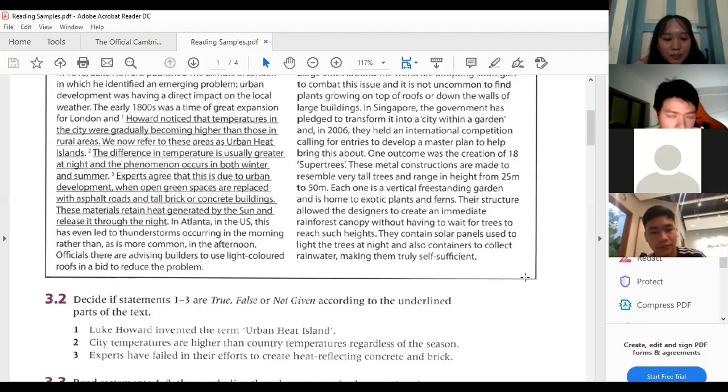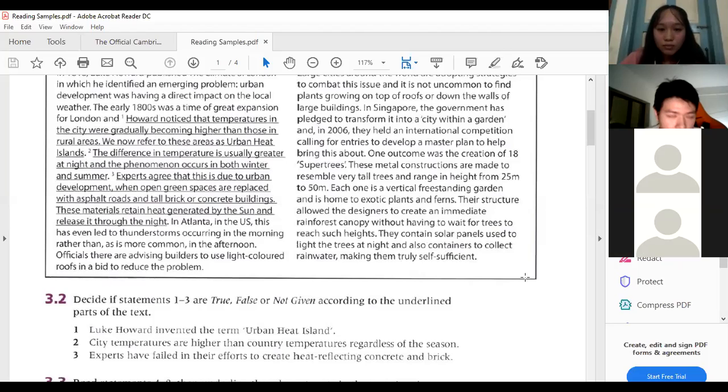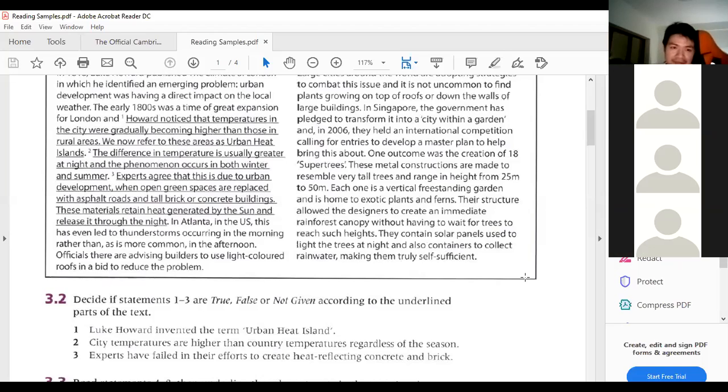What do you think of number 2? True, false, not given. I choose not given. Why not given? Because I don't see a part where they talk about city or country. Okay, you don't see a part that mentions city or country. Okay, thank you.